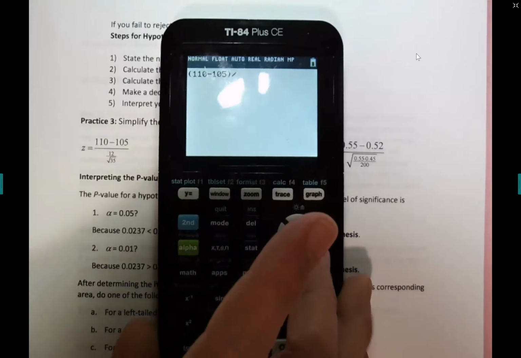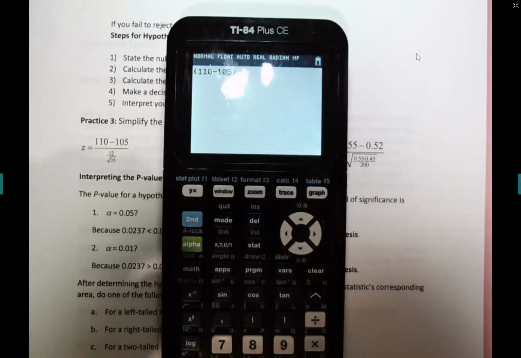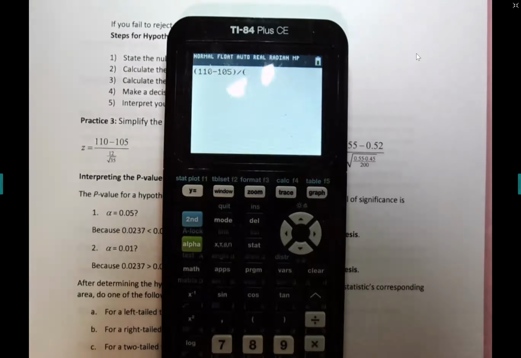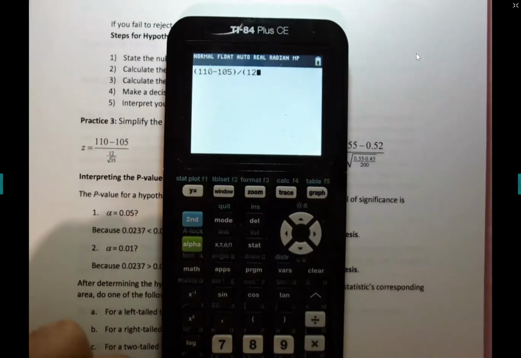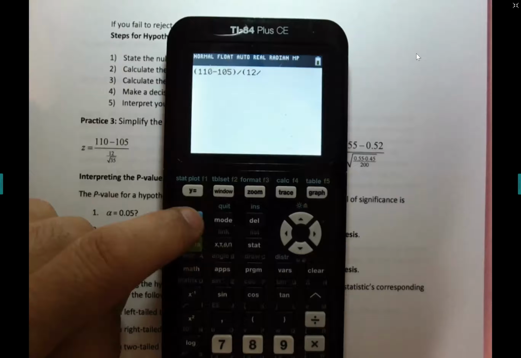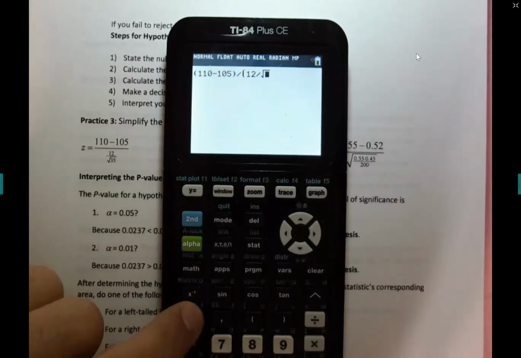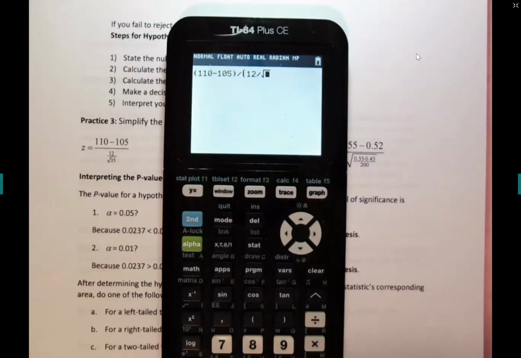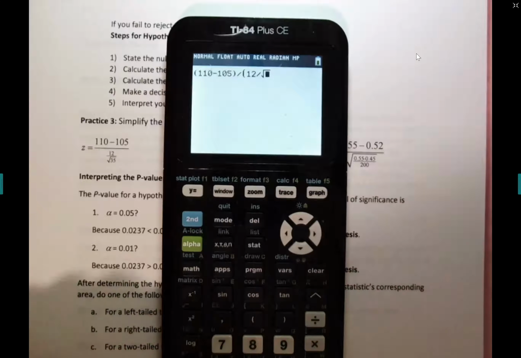So I have 12 divided by, second, square root of 35.